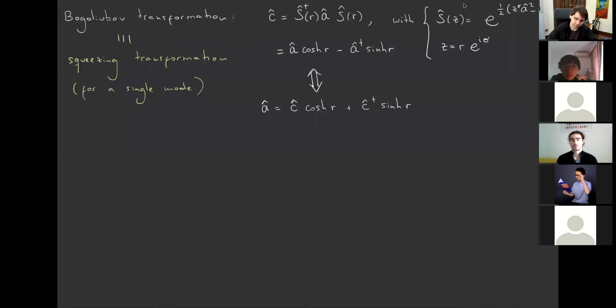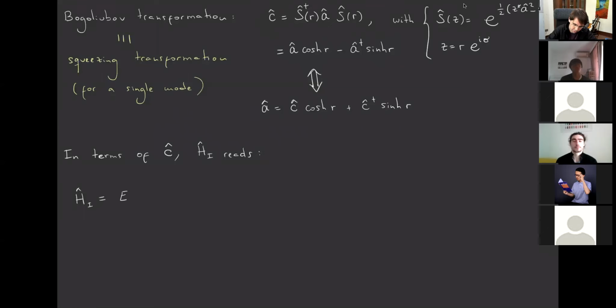Or more than making this transformation, I will just write the Hamiltonian in terms of the new operators, in terms of the Bogoliubov operator C. Then the Hamiltonian takes the following form.